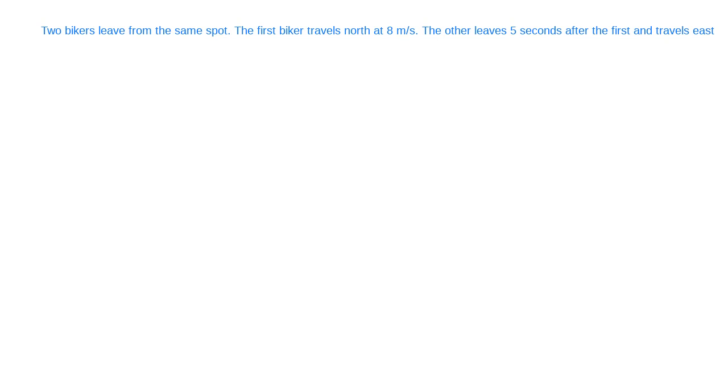All right, so now let's go back to the first part of our strategy, which is draw a picture. We know they leave from the same spot. So let's call this their leaving spot. We know that the first biker leaves and travels north, so he's going to go up.